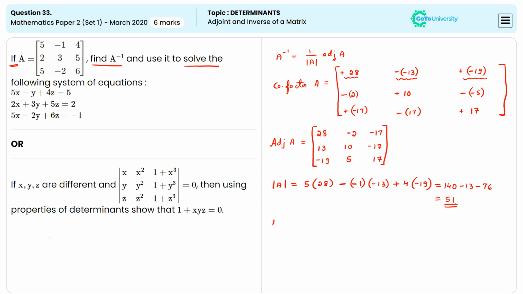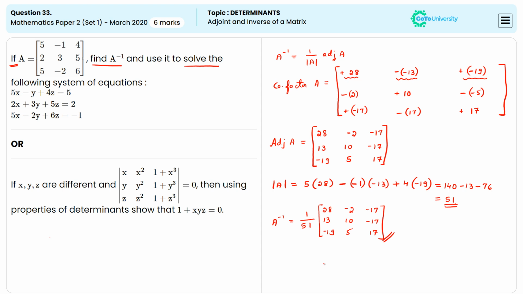With this, I can say A inverse is equals to 1 by 51 times adjoint A, which is equals to 28, 13, minus 19, minus 2, 10, 5, minus 17, minus 17, and 17. This is our A inverse. Now, with the help of this, they have asked us to solve the equations here.